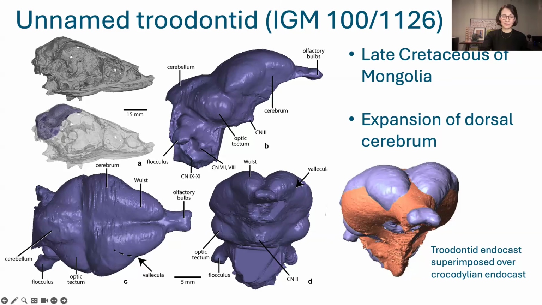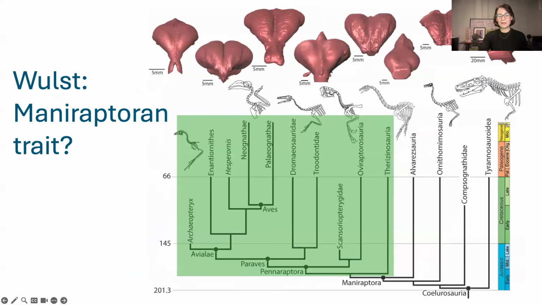And actually, in some living birds, you can't see it very well on the endocasts either. But when I went back and looked at these other non-avian dinosaurs, I found evidence of a Wulst in other troodontids as well as oviraptorosaurs, which means we can pull the origins of the Wulst down to this group called Maniraptora.